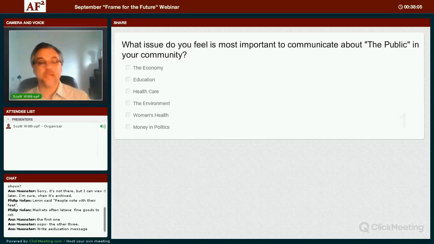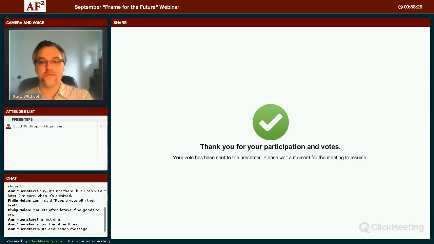Interesting because obviously that's Bernie Sanders' big issue, this idea of income inequality. And then followed by money and politics, another huge issue in a pending election cycle, followed by education and the environment and healthcare and women's health picking up some votes also. So we're going to end the vote.